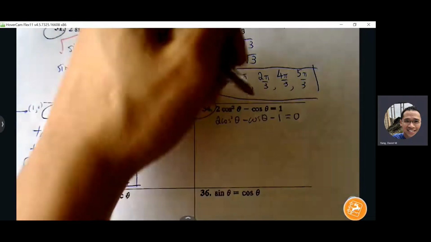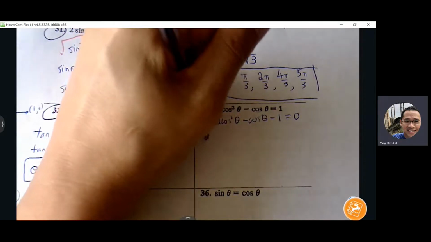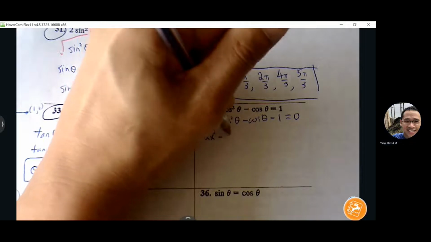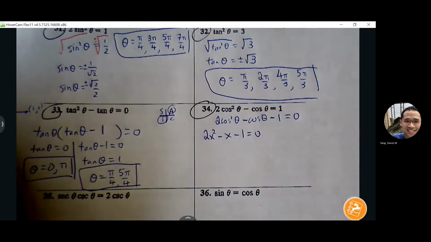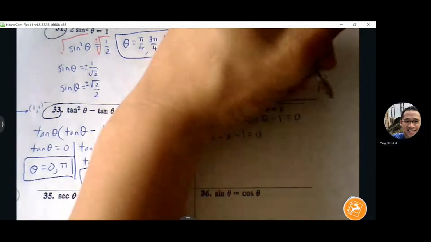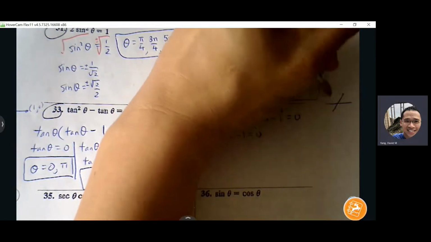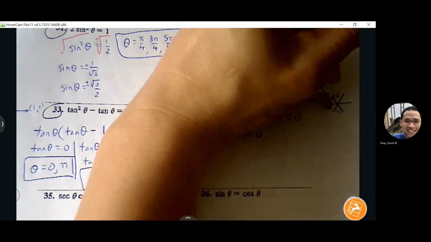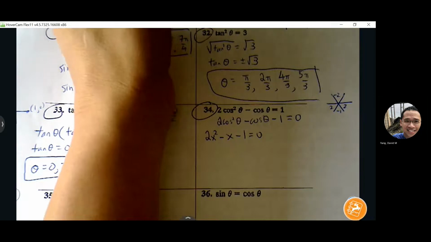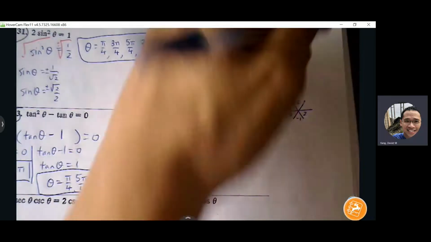Maybe it feels more familiar to factor in terms of x. So if you want to factor in terms of x, the star method would look like this: multiplies to be -2, adds to be -1. Those two numbers will be -2 and 1.